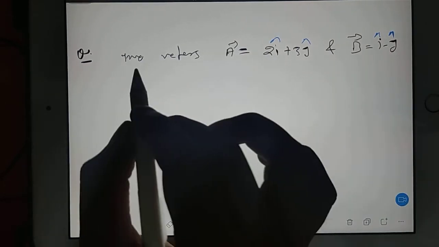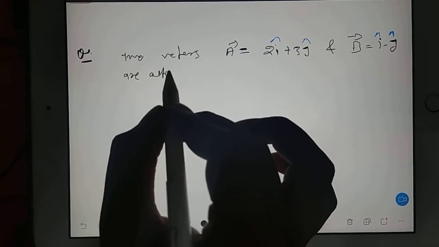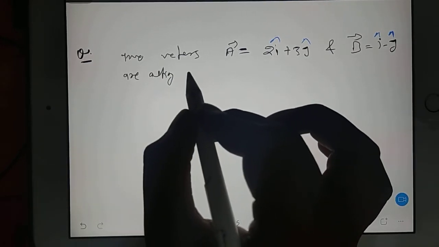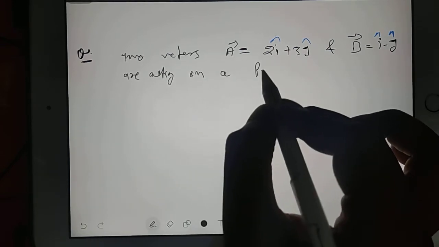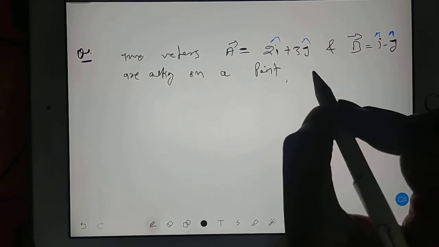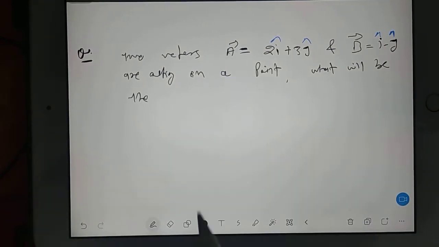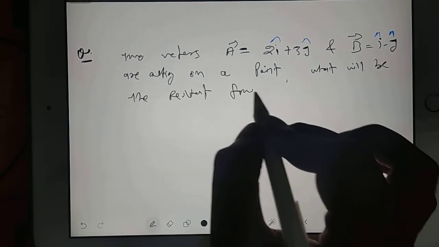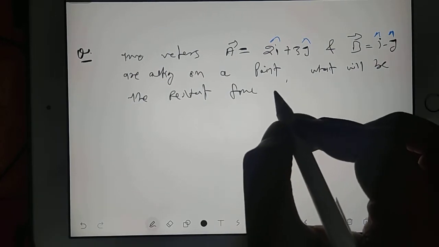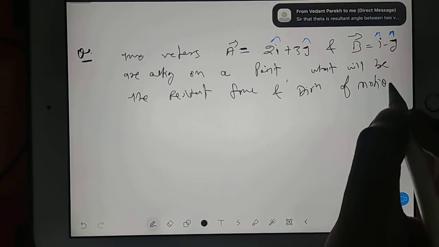These two vectors are acting on a point. What will be the resultant force and direction of motion?